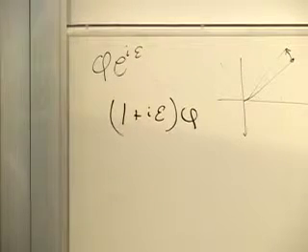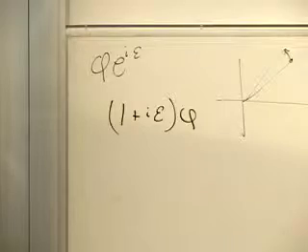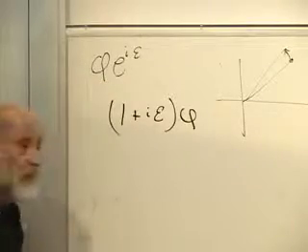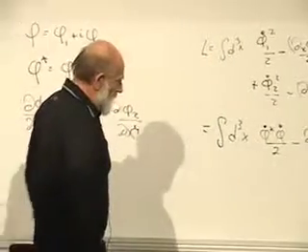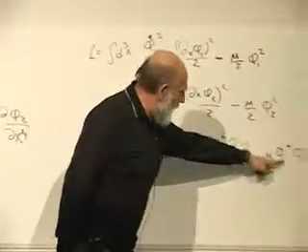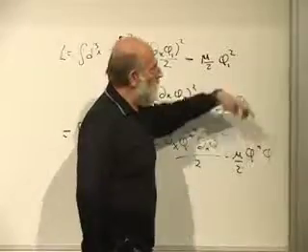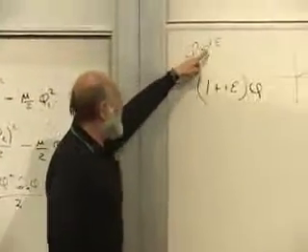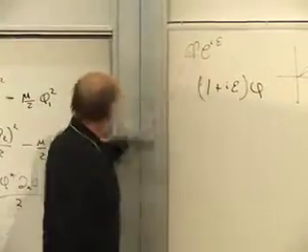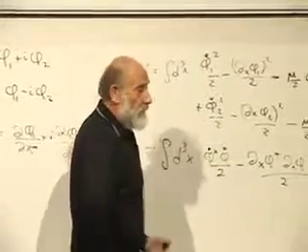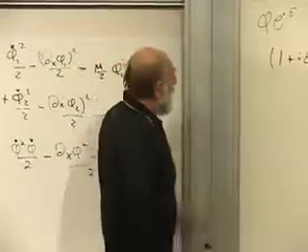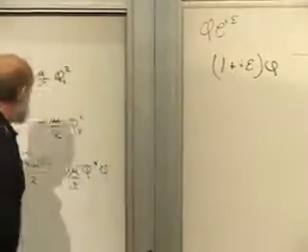Now, is that a symmetry? Is the Lagrangian changed if I multiply phi by e to the I epsilon? And here it's obvious that it doesn't change. Phi star phi does not get changed when I multiply phi by e to the I epsilon. The e to the I epsilons cancel when you multiply phi times phi star.